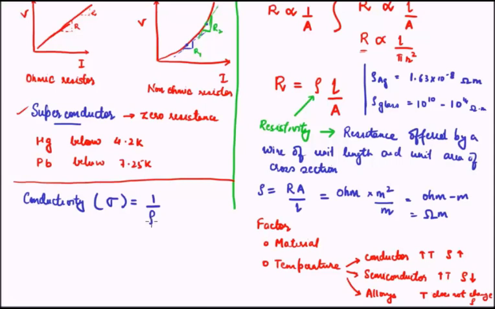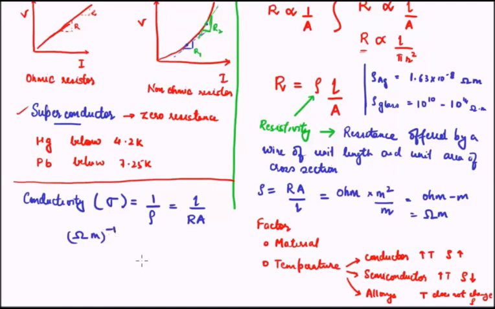If we calculate from here, 1 upon rho will be L upon RA. So this is our conductivity. Units will be just opposite of resistivity, and that would be ohm meter whole inverse.